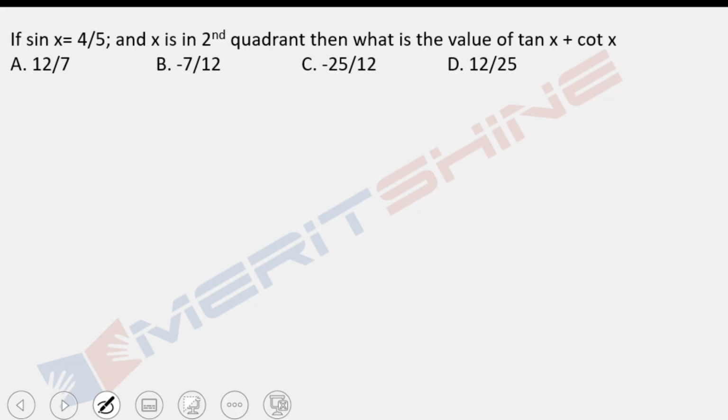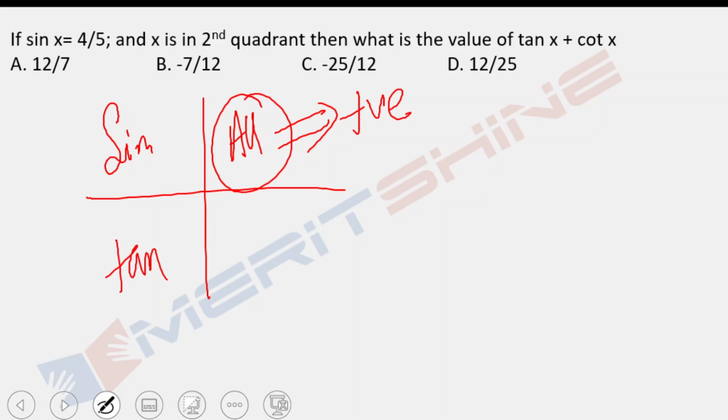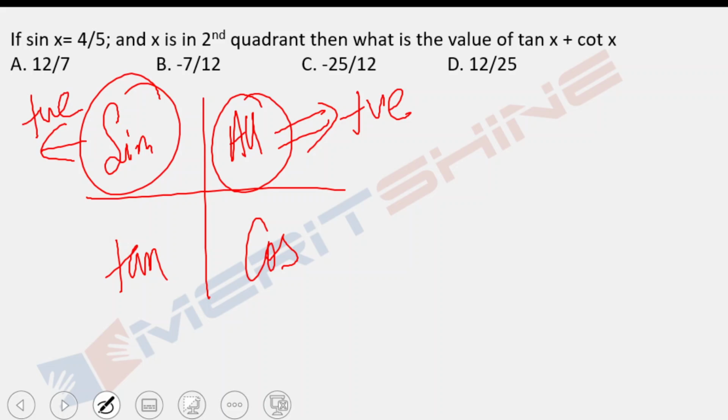So what is the quadrant concept? First, let me tell you about the quadrant concept. So this is the quadrant. Now this quadrant is called the quadrant of all. That means all values of sine, cos, tan would be positive in this quadrant. This is the quadrant of sine, this is the quadrant of tan, and this is the quadrant of cos. In this quadrant, sine and cosec values would be positive only.